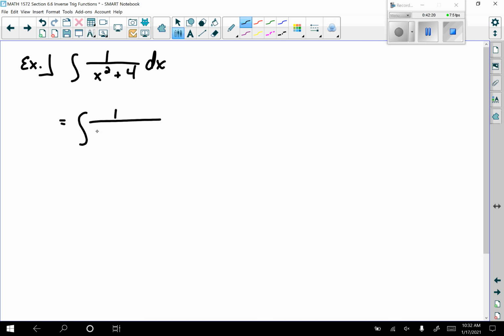If I factored out a 4, then this would become x squared over 4, and then plus 1. So now I could take out that 1/4, and now I have 1 over 1 plus something squared, so I could rewrite this as x over 2 squared. That will give me x squared over 4.